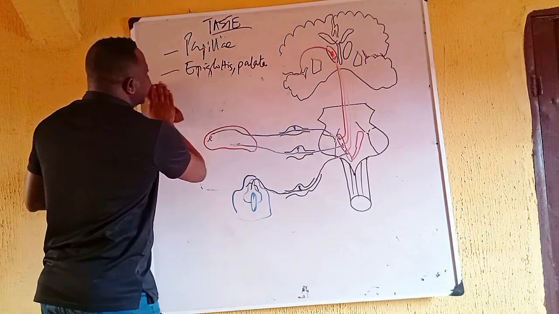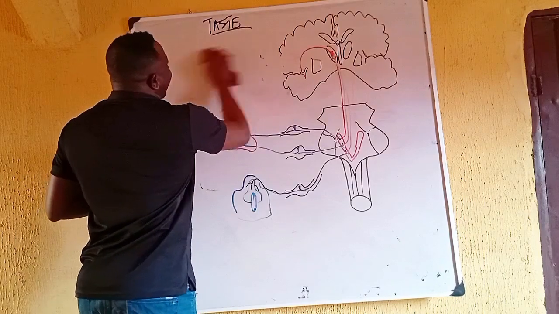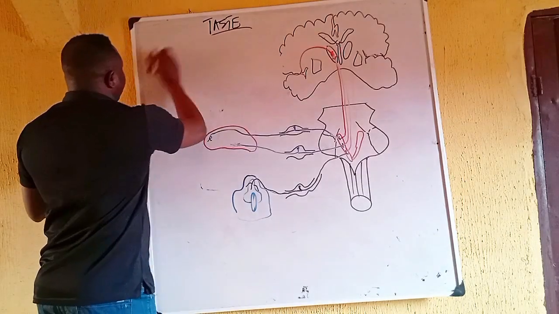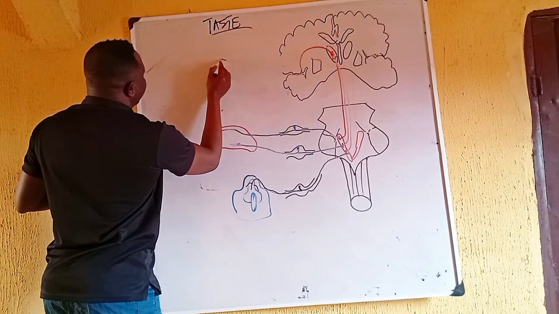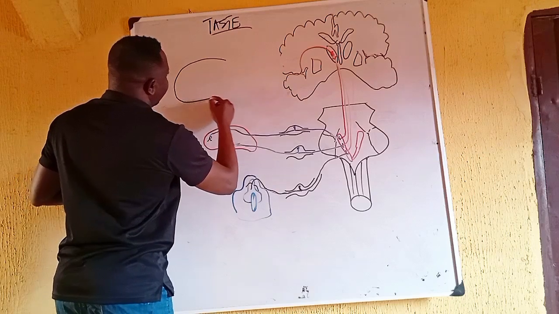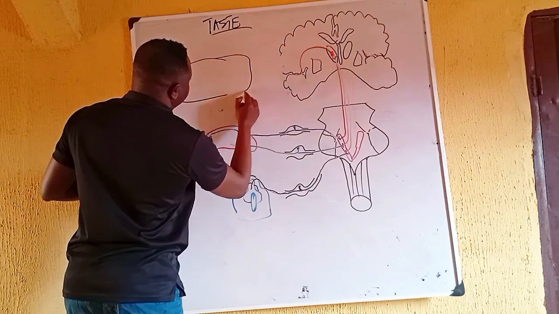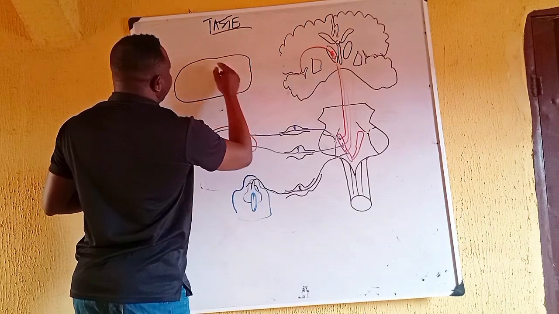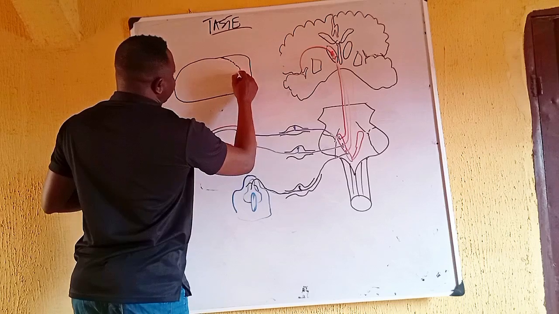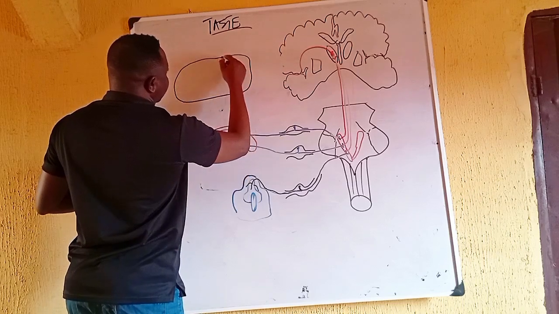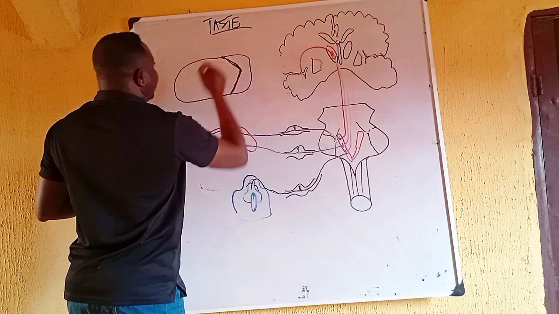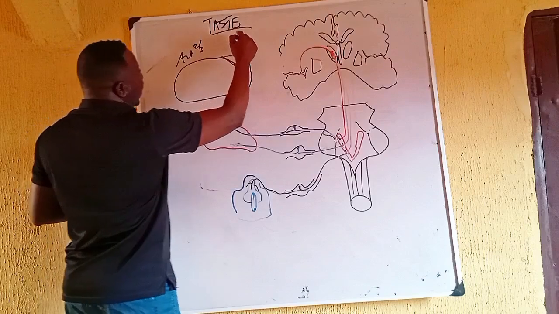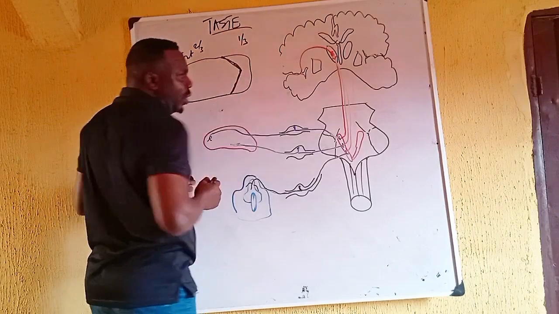Now, let's talk about the papillae of the tongue. Okay, let me draw the structure of the tongue. Now this is the anterior two-thirds of the tongue, and this is the posterior one-third of the tongue.